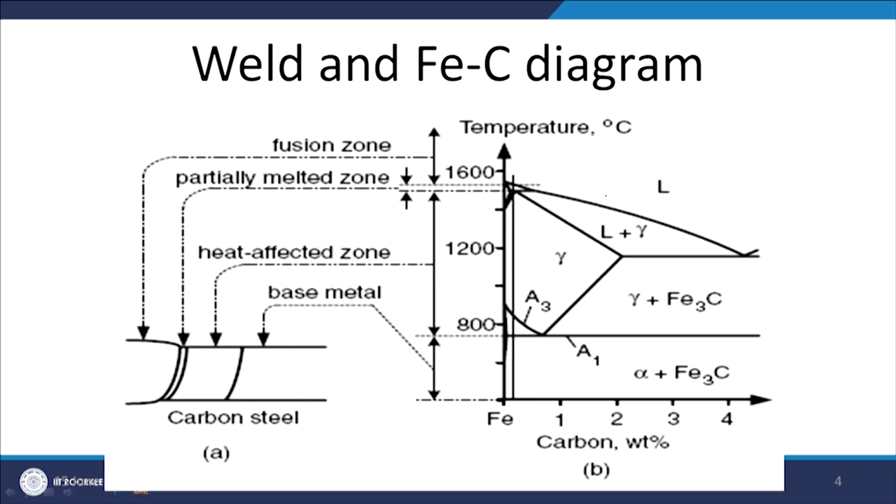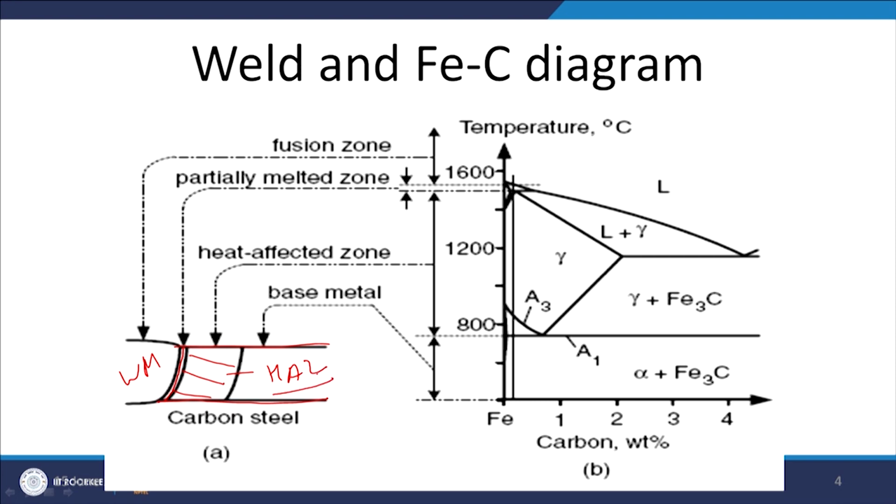Now, we will see the way by which the weld thermal cycle affects the microstructure of the steel next to the fusion boundary. If we take a carbon steel, when the external heat is applied, a part of the metal is brought to the molten state, which forms the weld metal, and the region next to that experiences a higher temperature due to heat dissipation from the weld metal. That zone forms the heat affected zone.